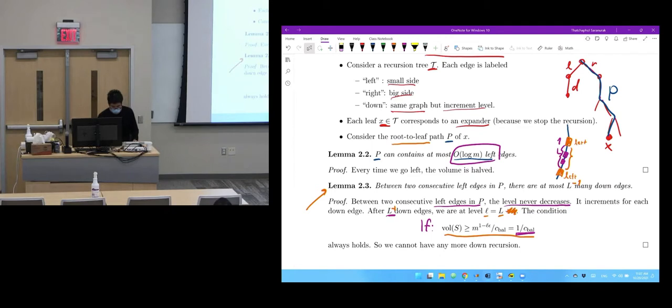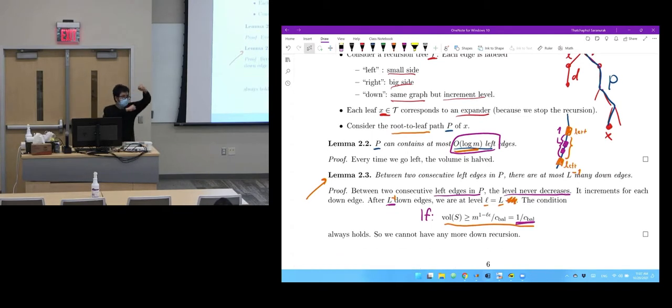There are just log n left edges, and between this log n interval, there can be at most L down edges. And between any 2 consecutive left and down, there can be at most R right edges.